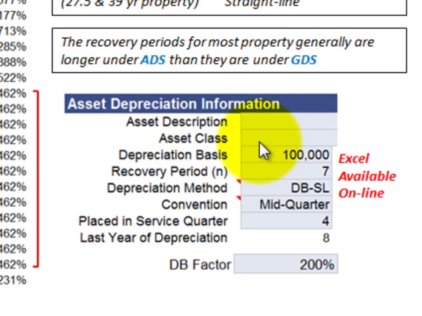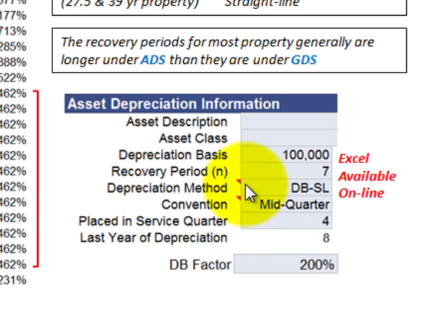You have to determine what class of assets you have, and that ties into the recovery period, which is defined by this asset class. And then you work out your depreciation basis and plug that in, and then you have to determine your depreciation method, be it declining balance or straight line, and then the convention again. For straight line, there are some more allowances, like you'd have mid-year, mid-quarter, or mid-month.